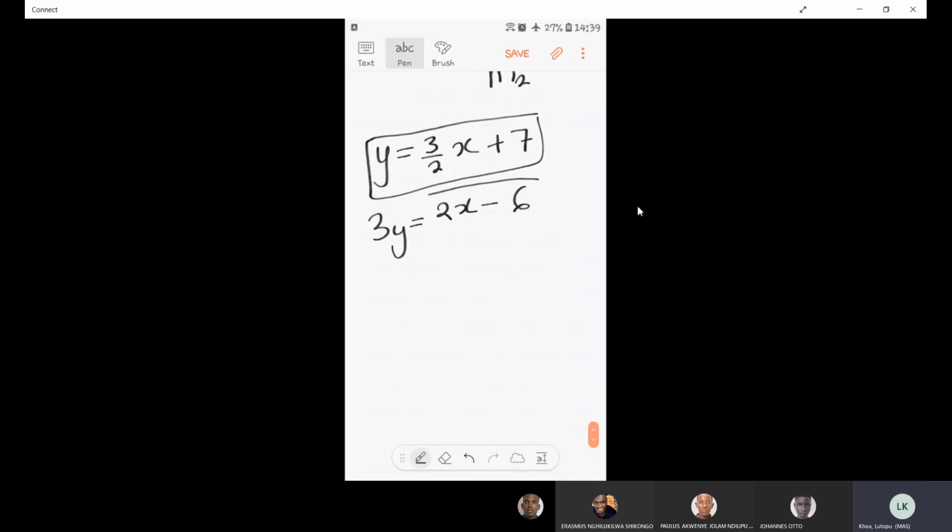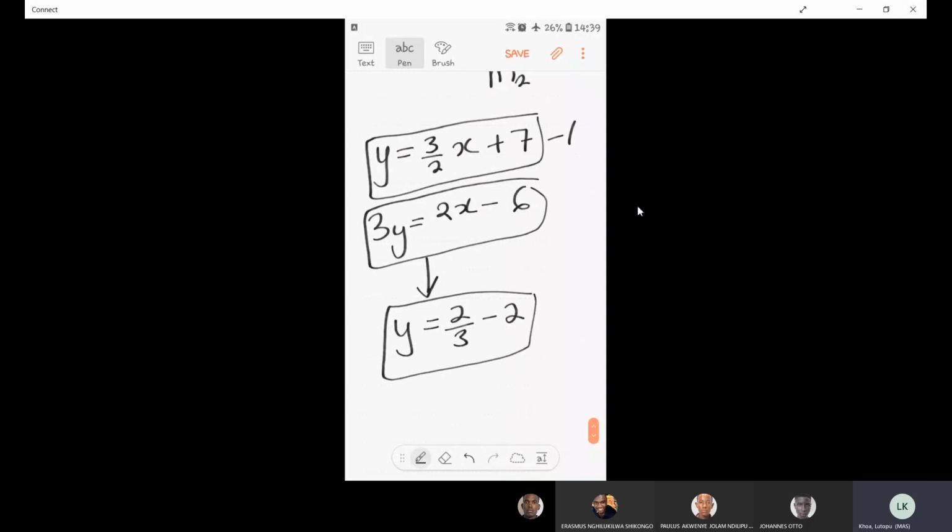Then this second one, you need to rewrite it. So you divide by 3 throughout. So you have y is equal to 2 over 3x minus 2. So 6 divided by 3 is 2. So these are my two lines. This is line 1 and this is line 2.